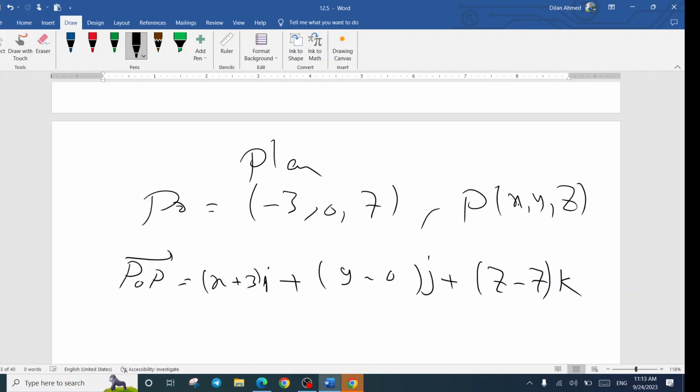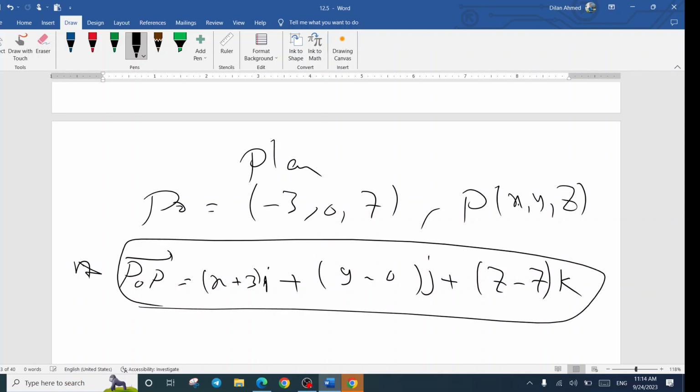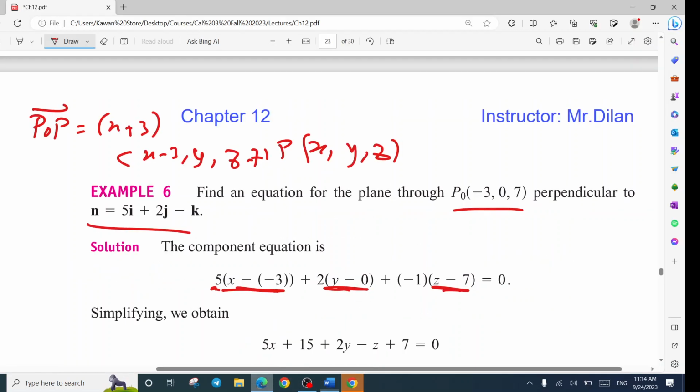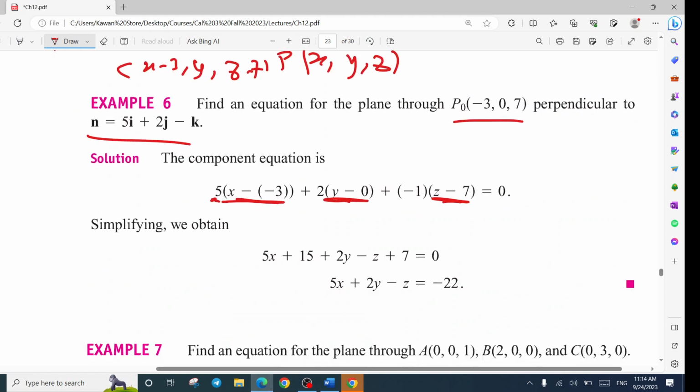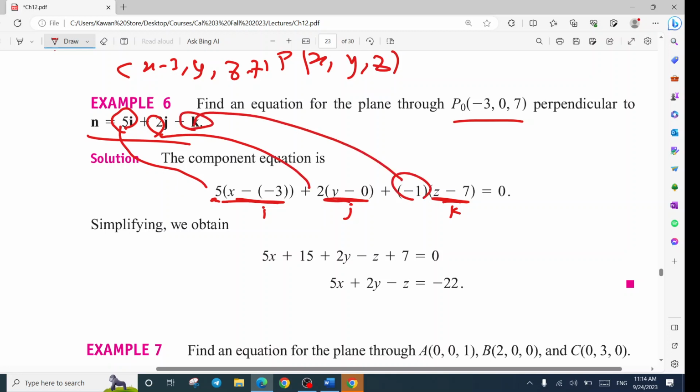Now, if I say multiply by n, I know how to do it if I have an n. So the important thing is to construct that one. Here's the i, here's j, here's k. Now we multiply each by each, am I right? i to i, j to j, k to k. Minus 1 comes from here.